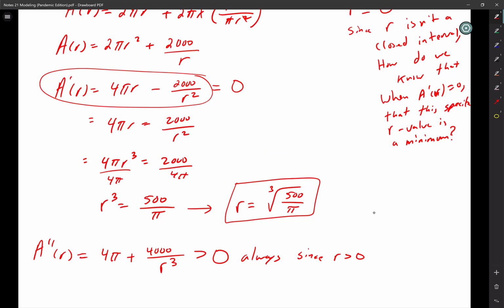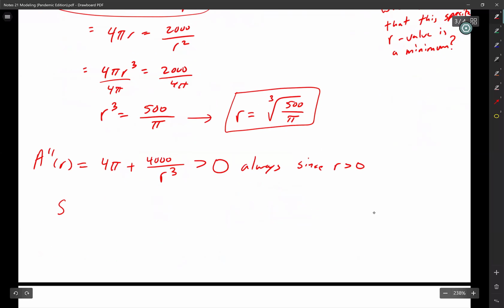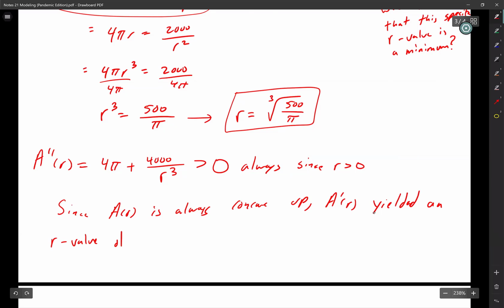So this tells me that A is always concave up. So I'm going to write, since A of r is always concave up, A prime of r yielded an r value of r equals cube root.